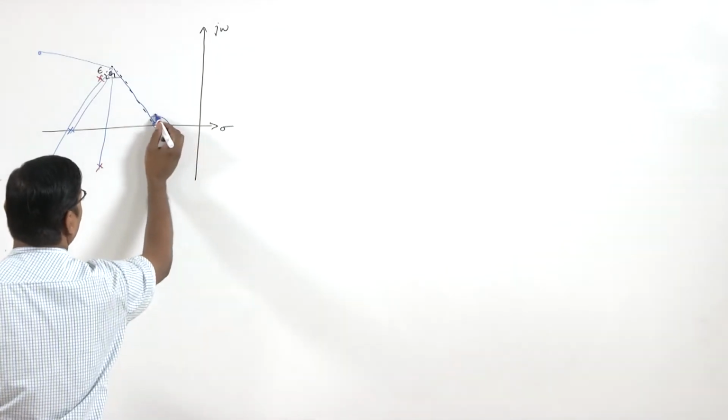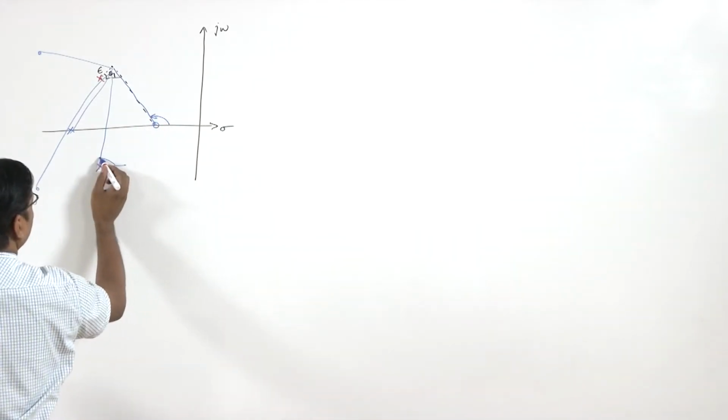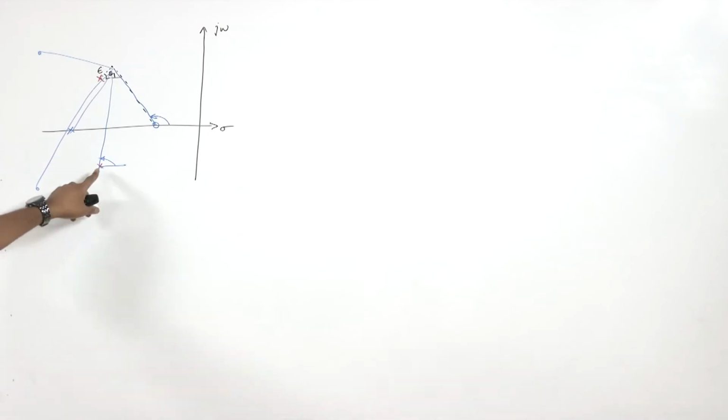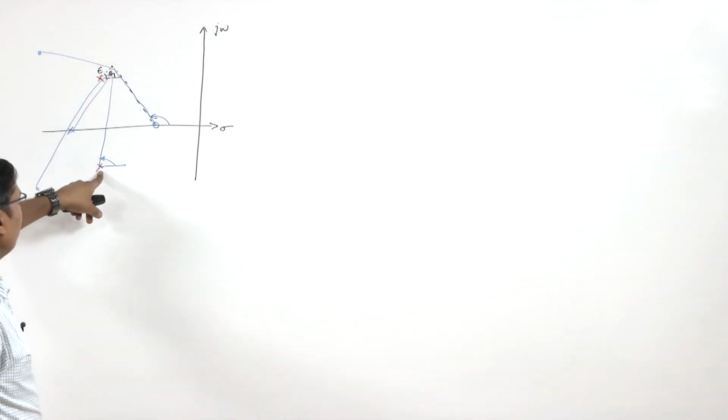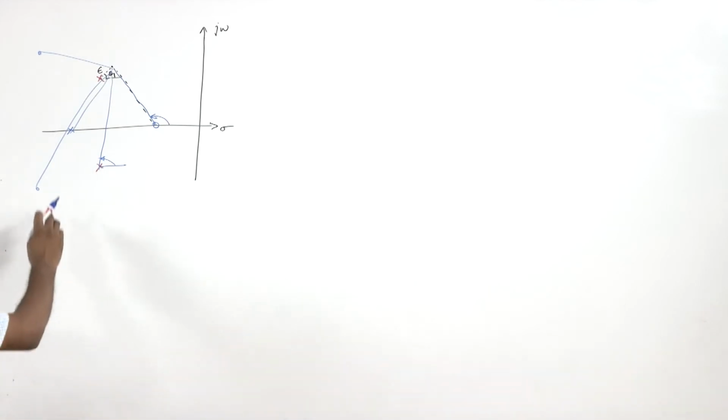Let us say there are these different angles made by this point on the root locus from these poles and zeros.